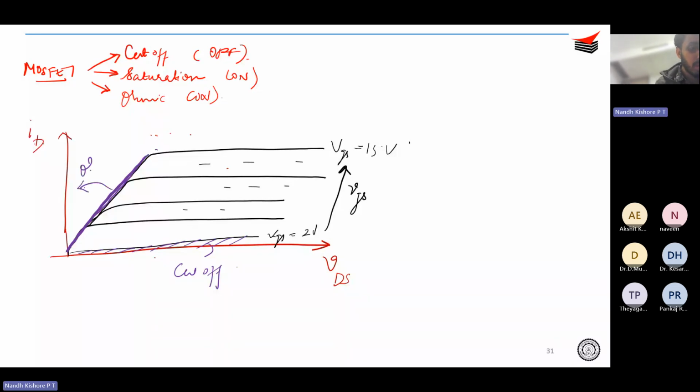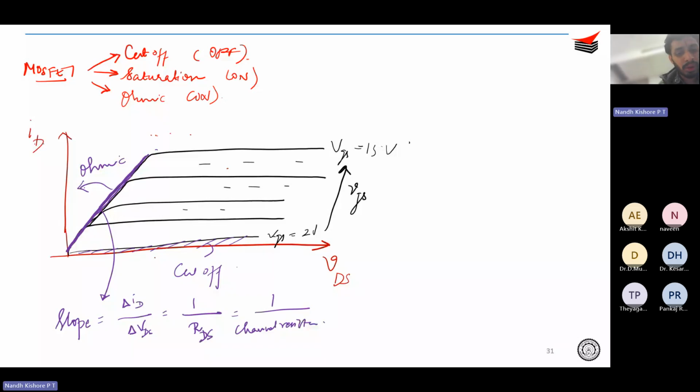So regions over here are the ohmic regions, and the slope over here will be equal to delta ID by delta VDS, which is equal to 1 by RDS. That is the channel resistance. Okay, 1 by channel resistance.